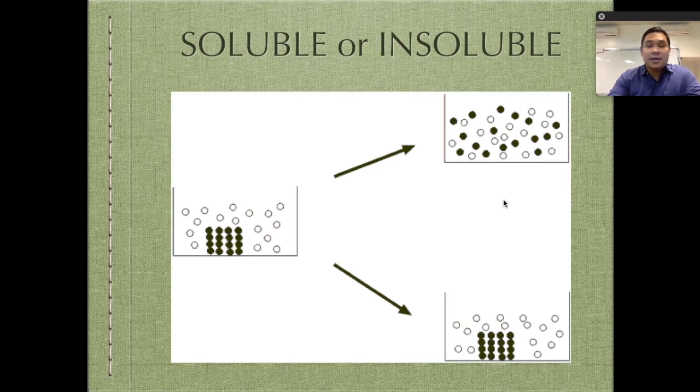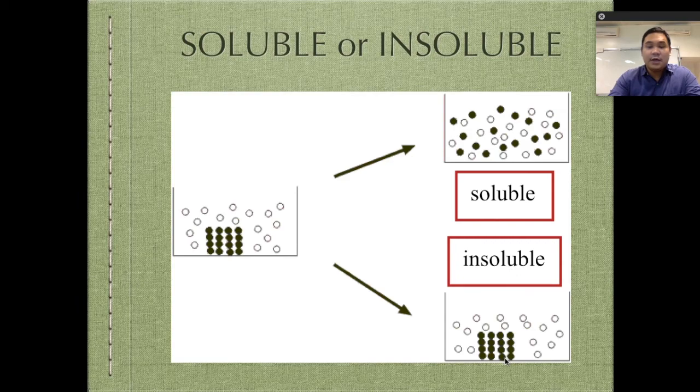Now, this would be a basic diagram for soluble and insoluble. We could see the molecules here in soluble, they are spread apart. Here in insoluble, the black molecules are clumped together and the other molecules are separated.